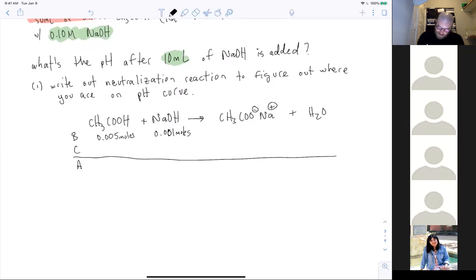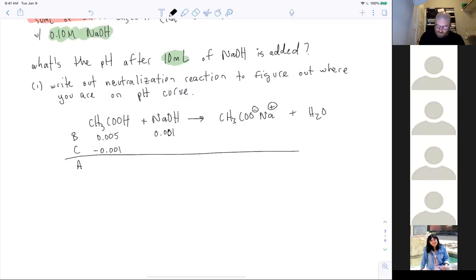All right, so before is 0.005 moles. Then we want to see what the change is. The change is going to be whatever the smaller number is. And you don't have to write moles over here. In fact, I'll just remove that. So the acid and the base react.